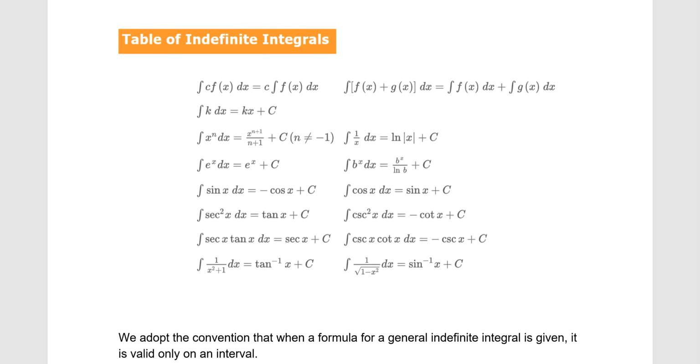So here is the table of indefinite integrals that you're going to need to remember. We should actually already know them because they are just the antiderivatives. Taking the integral of something is finding the antiderivative. Let's go through these quickly. If you're taking the integral of a constant times a function, you can bring the constant out front and then rewrite it like this.